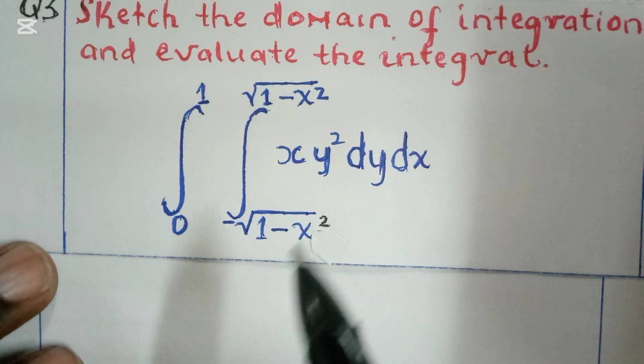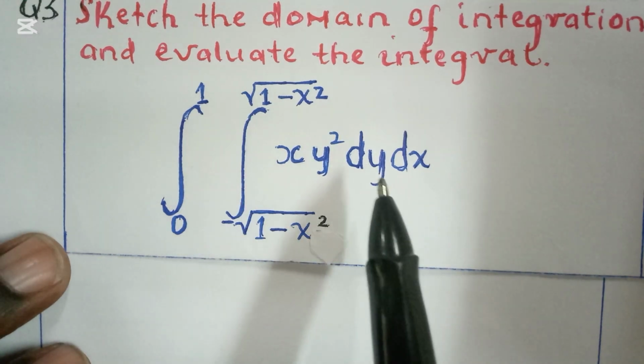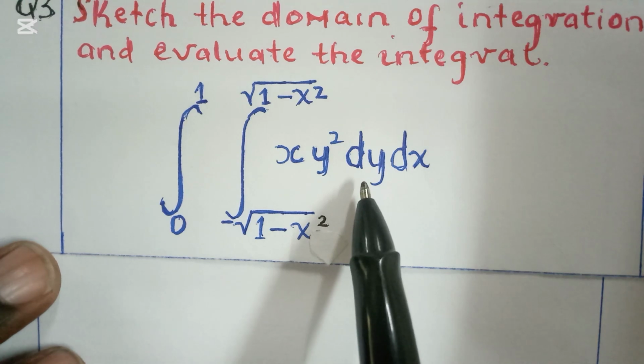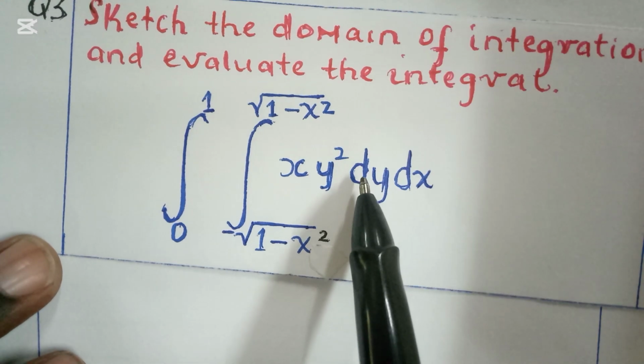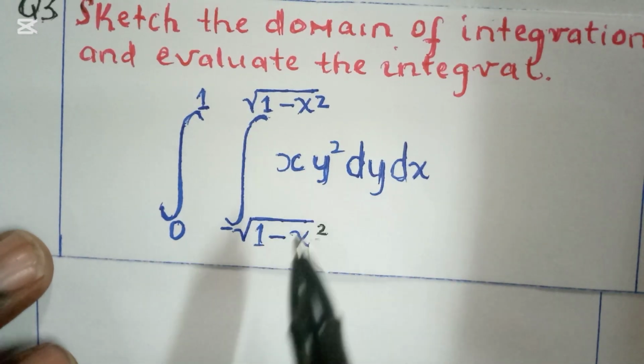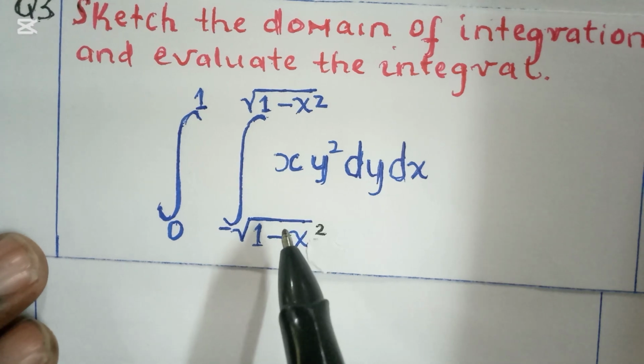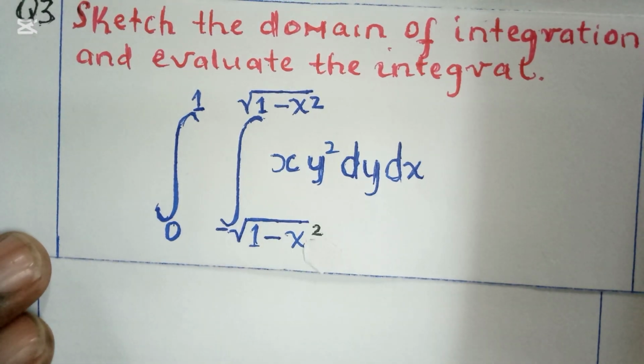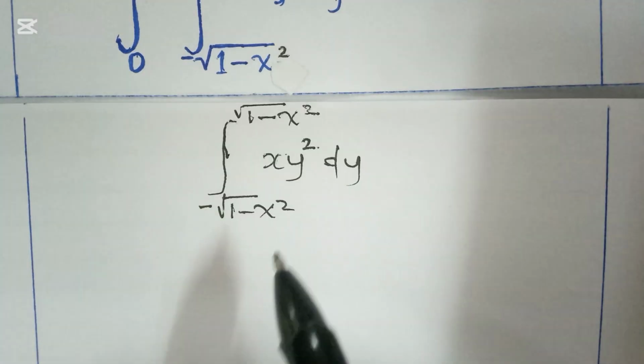We are going to start off with the inner integral, whereby I integrate with reference to dy, and therefore x is going to remain constant. Let me write the question so that I can take away the paper and continue.